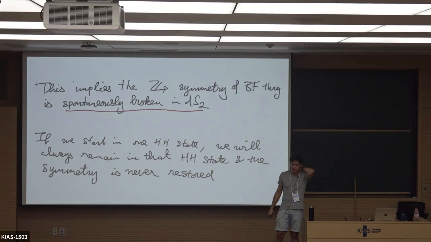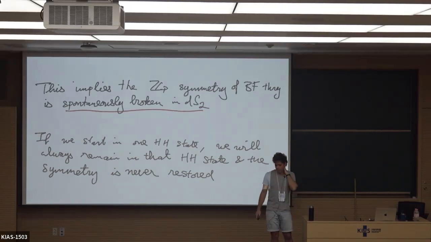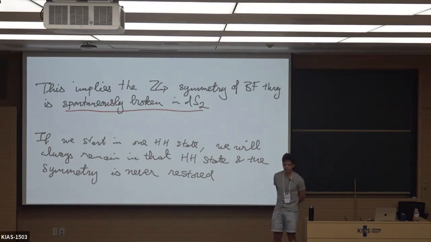Here your definition is that you have sectors and you don't evolve from one sector to the next. So my definition is that you can prepare one of these states, and then you won't evolve into another one unless you do some external operation.